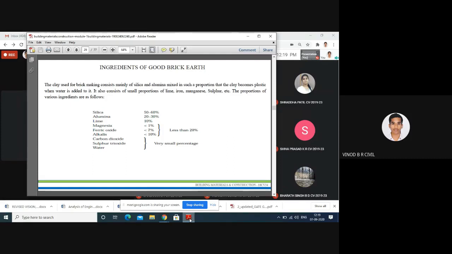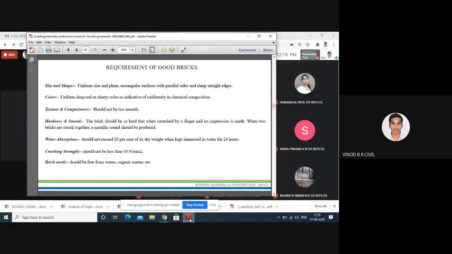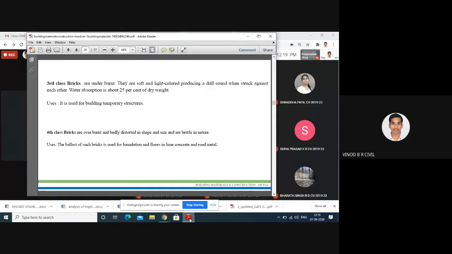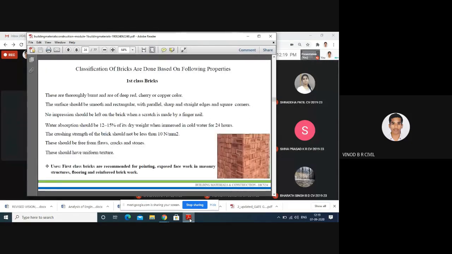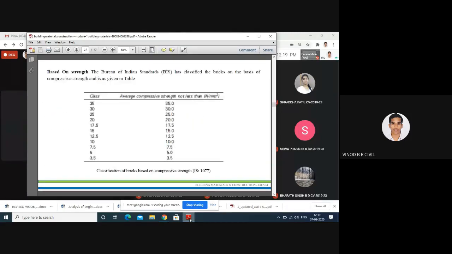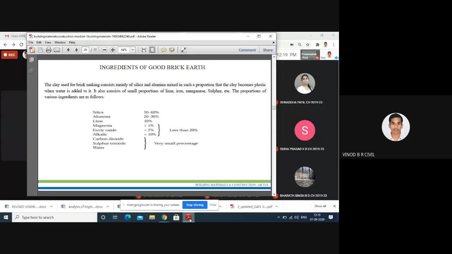In examination, you can expect the requirements of good brick for 5 to 6 marks, and classification of bricks for 4 to 5 marks. Okay, and ingredients of good brick also for 5 to 6 marks.